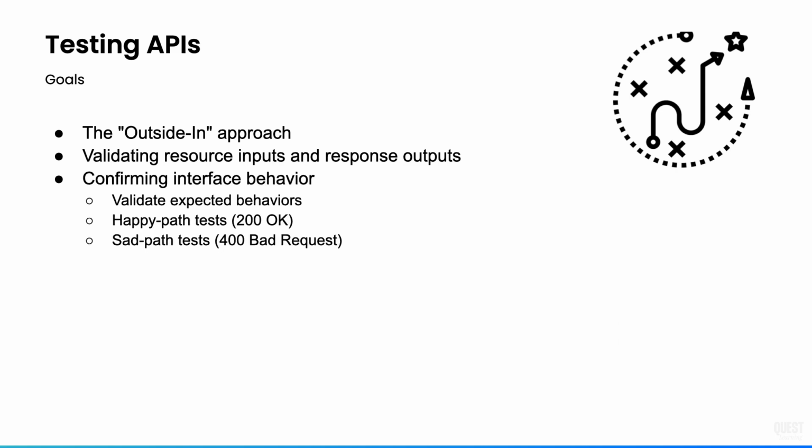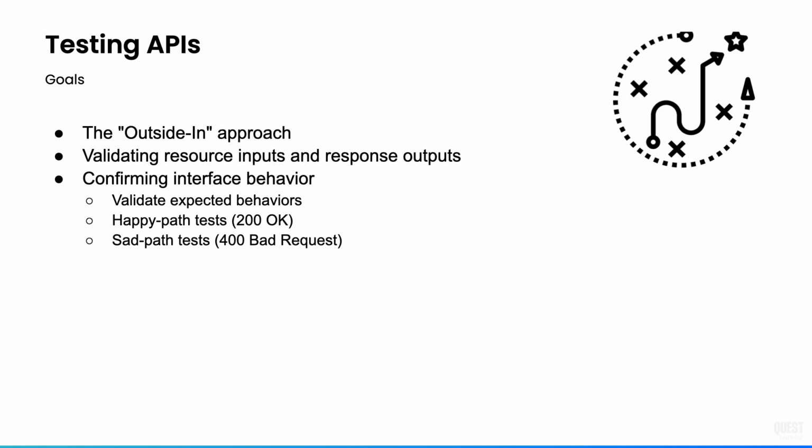Essentially, we're confirming interface behavior. We want to validate the expected behaviors on all fronts, and that includes not just the 200 OK examples. What does it take to actually save a record or modify a record, but also the sad path, or the not OK, or the 400 or 500 requests, where I'm not allowed to create this record unless I have the right number of arguments or the right type of arguments, or they're in the right order, and so on and so forth.